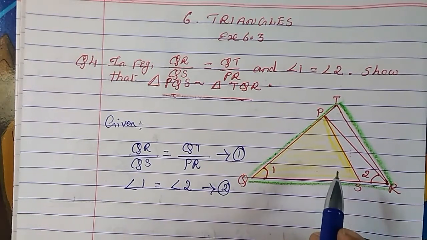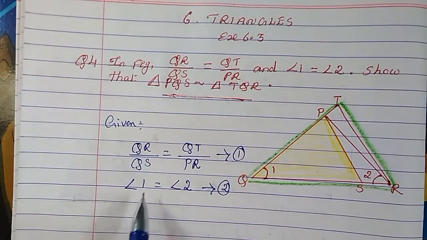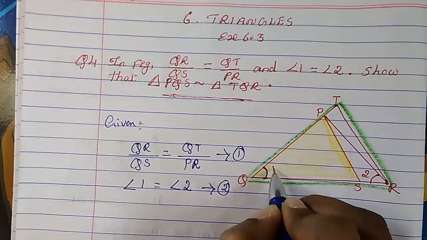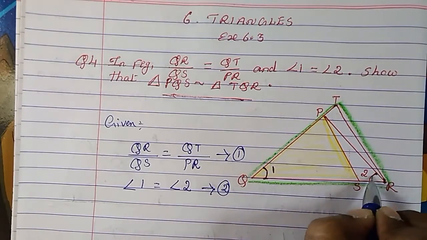So now look at it here. Angle 1 is equal to angle 2. So this angle is equal to this angle.